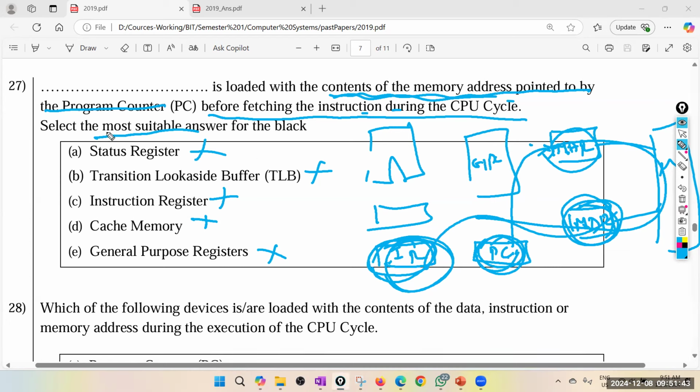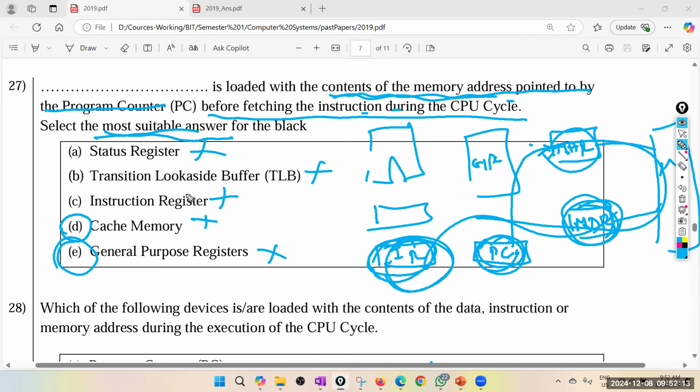So therefore, it says most suitable. The most suitable I can think of is the general purpose register. Of course, it may go to the cache memory, but that is afterwards. There is a possibility that it is in the cache memory later on, because recently accessed data can be put into the cache. So this is also a possible answer for me.